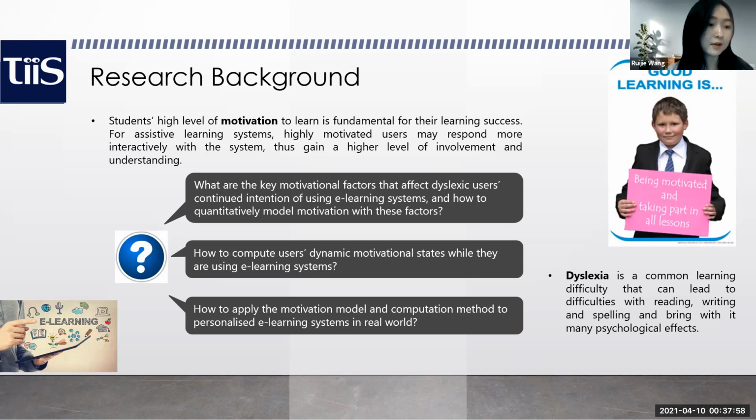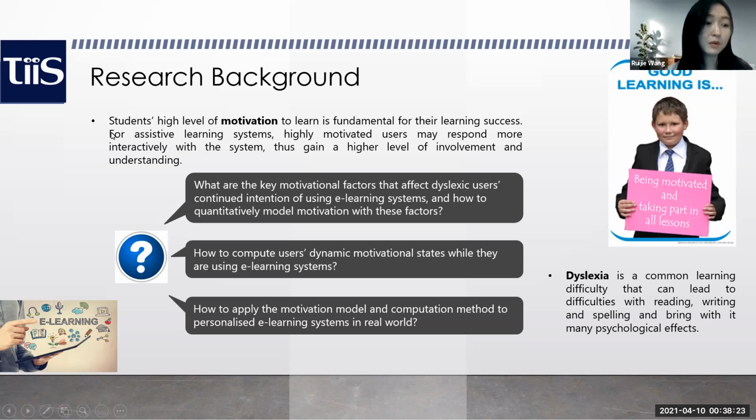Those with learning difficulties, such as dyslexia specifically, are more likely to suffer from frustration and lack of motivation due to the difficulties they experience frequently in the learning process. This is why we should incorporate motivational factors into user modeling and personalization in e-learning systems for such students with learning difficulties.